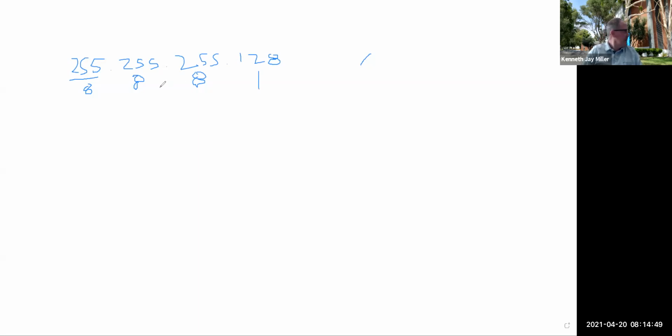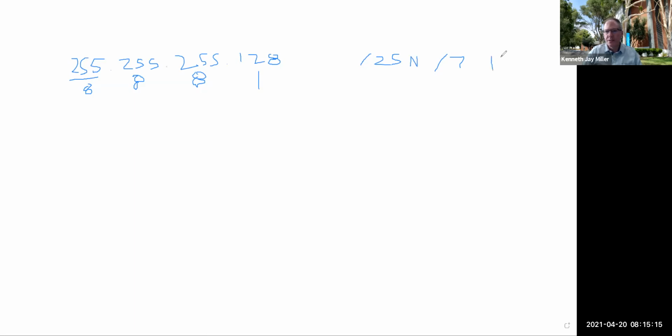So in slash notation, we just add up the number of ones. So 8 plus 8 plus 8 plus 1 is 25. Okay. And if there's 25 ones and we have a total of 32 bits, that means 7 of these bits are for the hosts. So the network bits are 25.